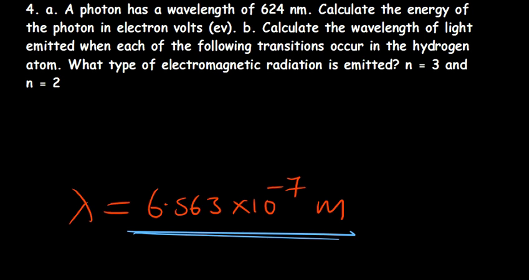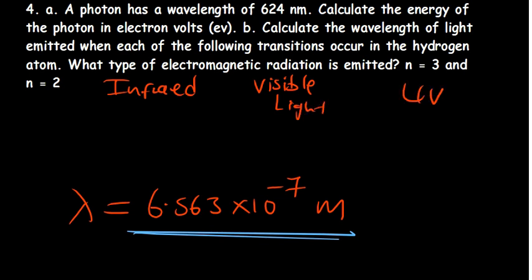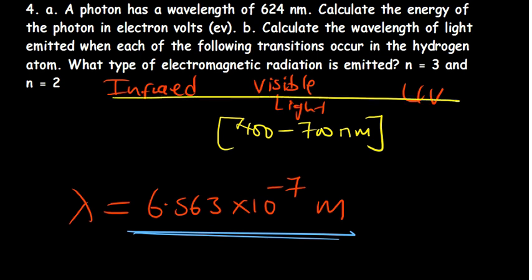Now, what type of electromagnetic radiation is emitted? Usually we deal with three: infrared, visible light of course, and UV. So you have to choose which one it is. To make this easy, visible light is categorized between 400 and 700 nanometers. UV has a higher frequency compared to the infrared, so from left to right there is an increase in frequency, and it's supposed to be the opposite for the wavelength.